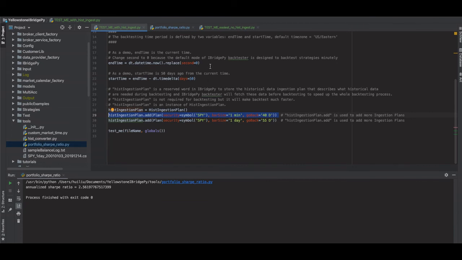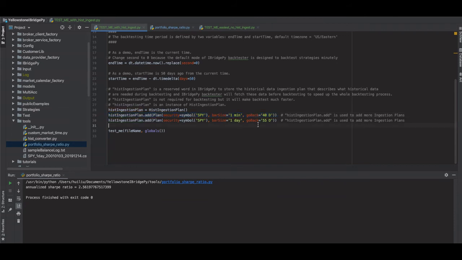Every time I run it, IBridgePy backtester will retrieve the exactly same historical data from the broker. So what if we save the historical data to local and use the local file for the next testing? That will be much better, so we don't need to retrieve data from the broker anymore.